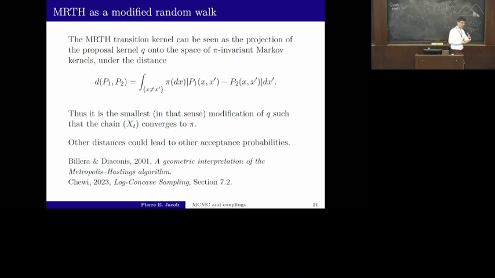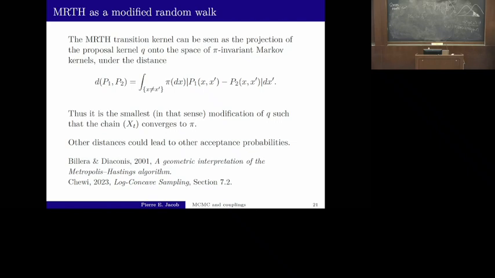Your proposal distribution could have been the normal centered at the current point. That's a Markov kernel, but it is not pi invariant. So you can imagine projecting that operator onto the space of pi invariant operators: find the smallest modification you can make to it in order to be pi invariant.